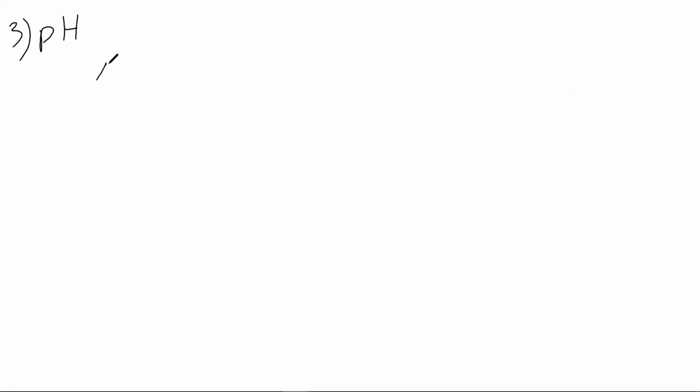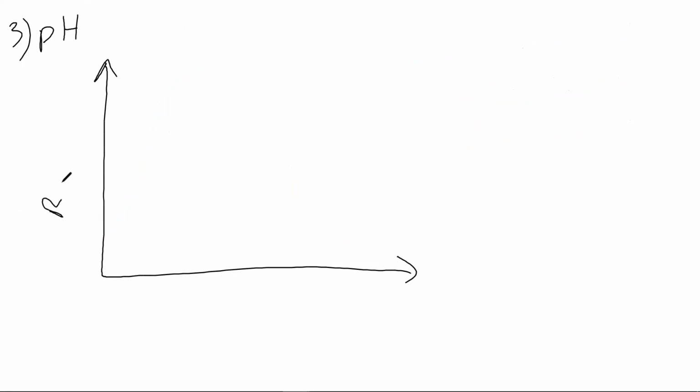So number 3, pH. Another graph, because who doesn't love a graph? Same thing on the y-axis. By the way, I should be copying these graphs down. They really make the notes really easy. And at the bottom, it's the pH, right? And I'm going to put 2 different enzymes on here.